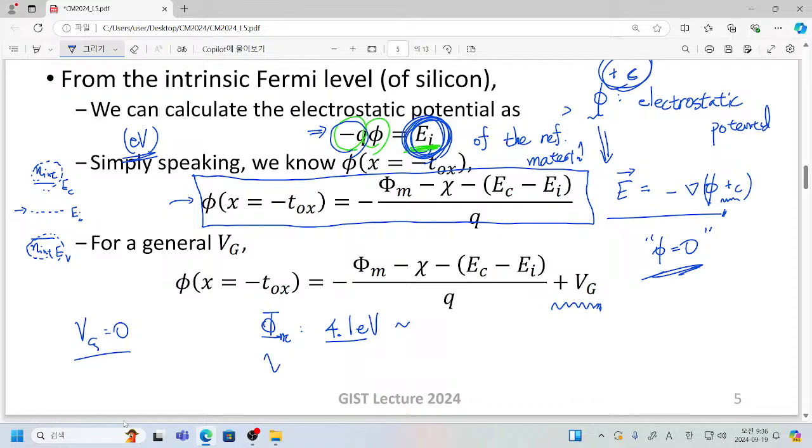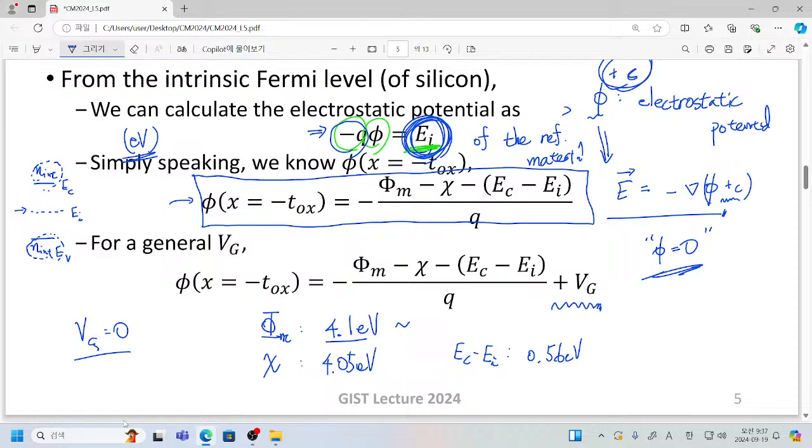And how about chi? This is just a given number. And how about this EC minus EI value? Of course you must do the exact calculation, but roughly it is around 0.56 eV, because the band gap is 1.12 eV. So please try to calculate it.